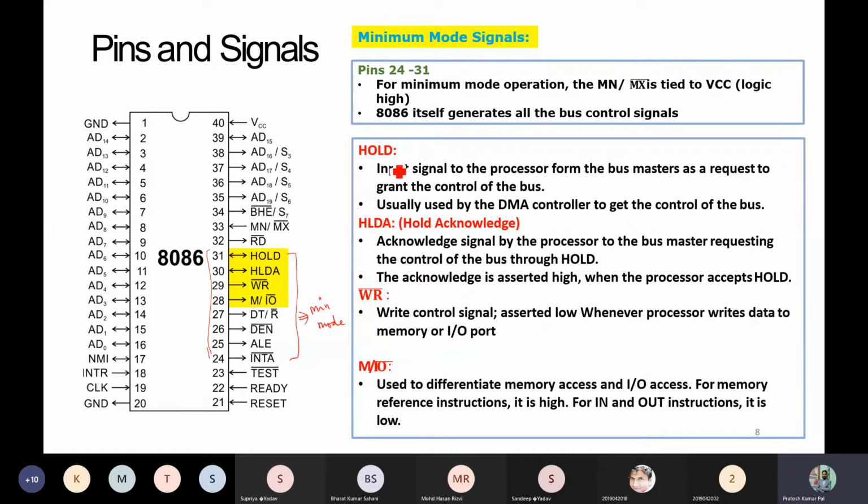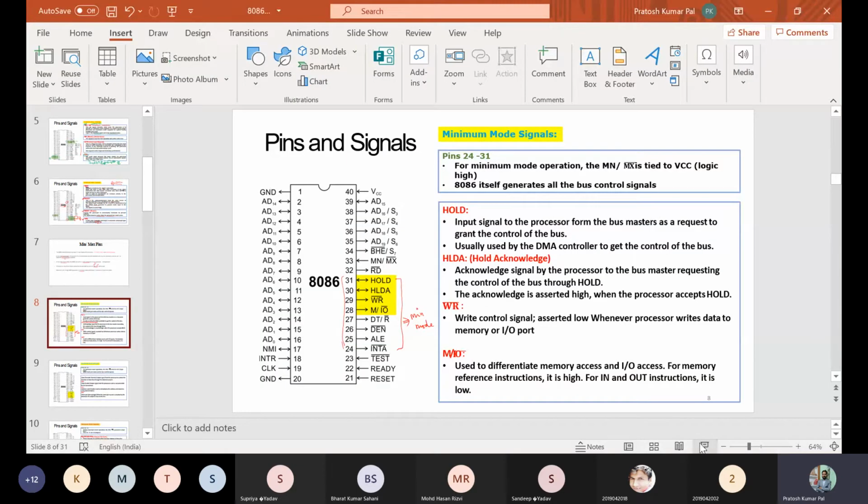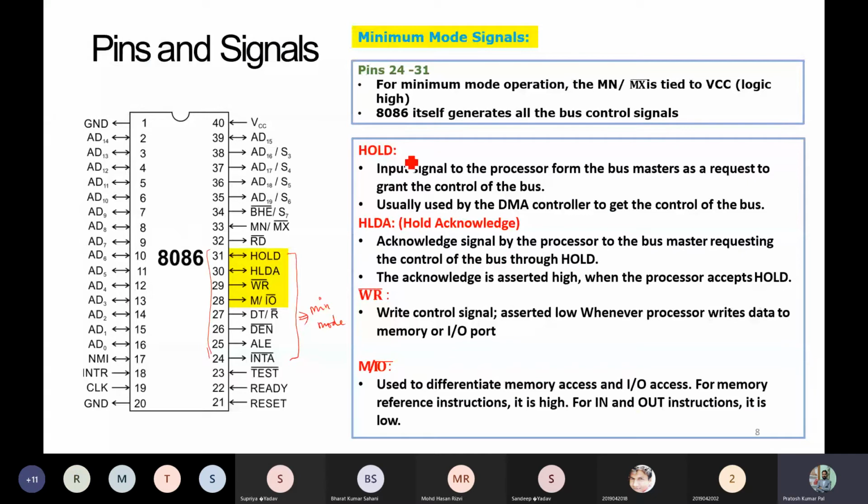Here HOLD is there, and we already know these pins are similar to those of the 8085. HOLD is an input signal to the processor from the bus master, as a request to grant control of the buses.